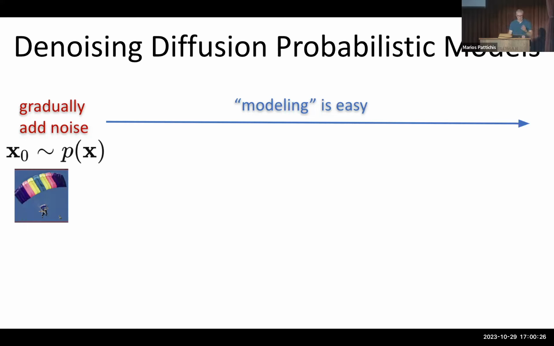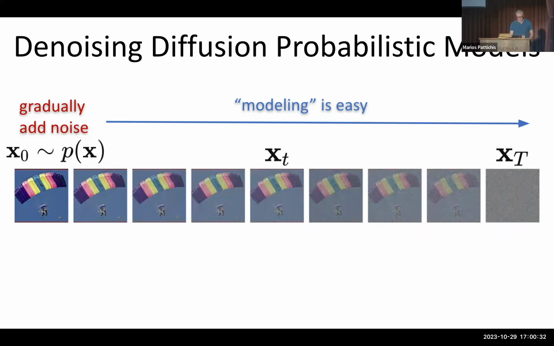So the way diffusion models work is, you've got some distribution from which you're sampling real images, and then you slowly, gradually add noise to them, and you end up with a sample which is basically all noise. The signal has essentially disappeared. That part is easy. This is the modeling part.